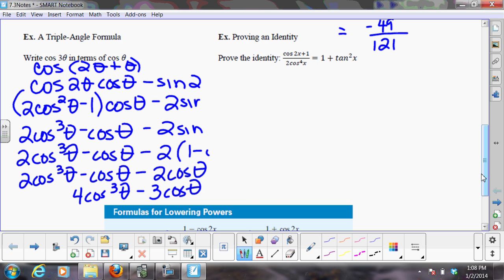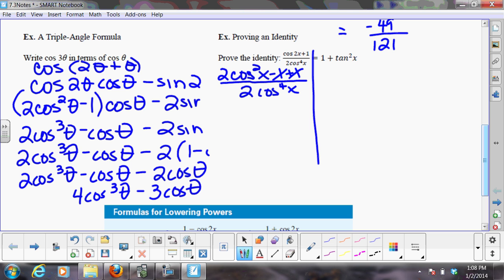All right, proving the identity. Cosine 2x, I'm going to change that to 2 cosine squared x minus 1, and there's a plus 1 from the numerator, over 2 cosine to the 4th x. Well, our 1's will go away, right?